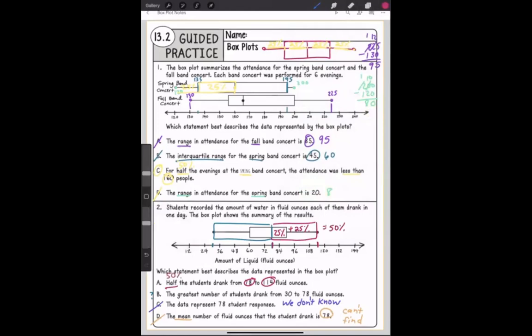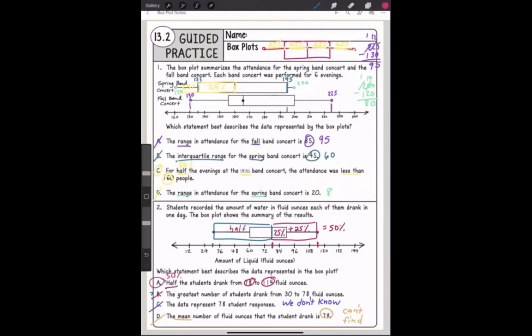The reason it's not B is because this over here was also half, so that's not the greatest number of students. That's half of them. So A was our answer on this one.